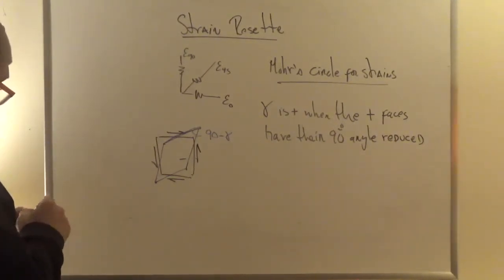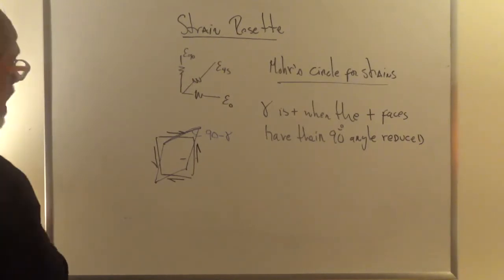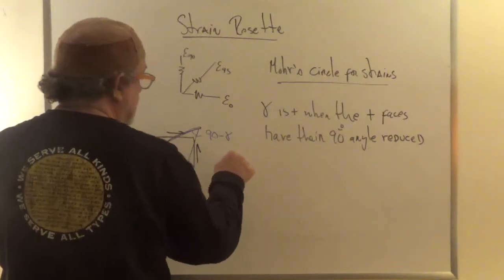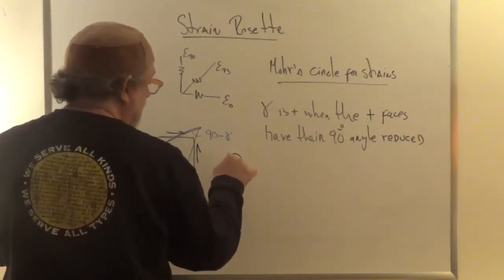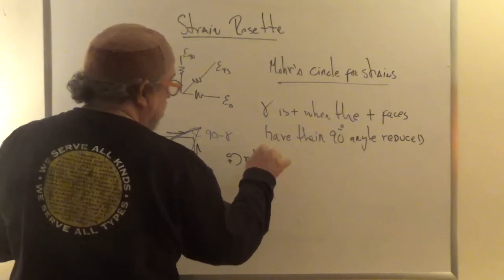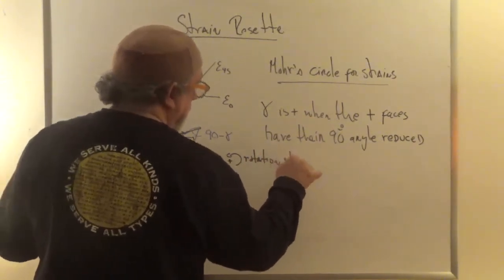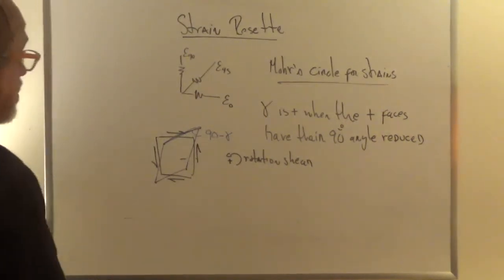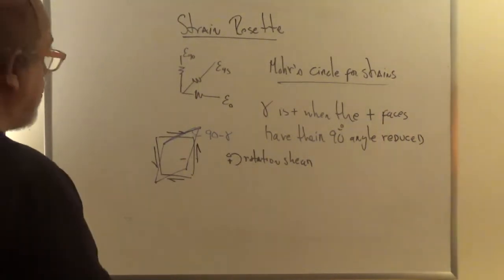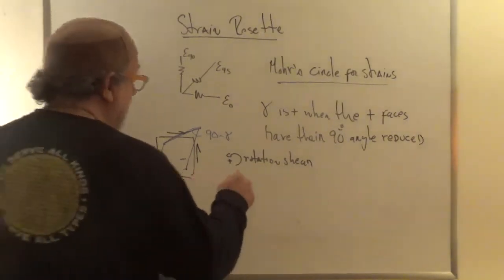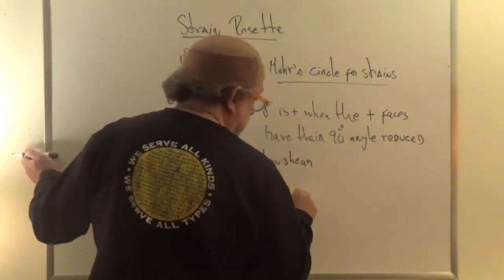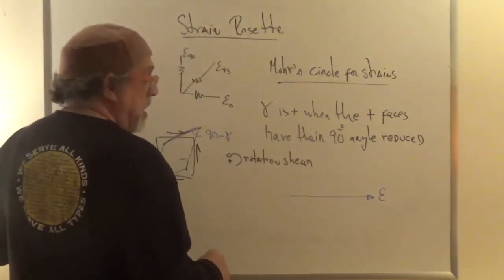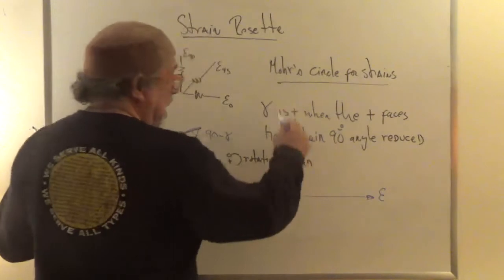But notice that positive shear strain is associated with shear stresses that are producing counterclockwise rotation, right? Therefore, as a consequence of that, the Mohr circle for strain is one that has to be done like this. In the horizontal axis, one plots the strains, just like you would plot the stress in the regular Mohr circle.